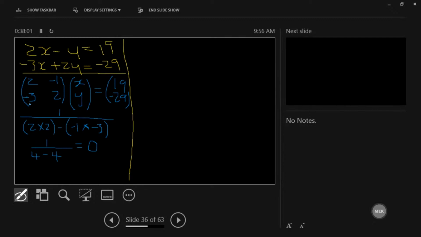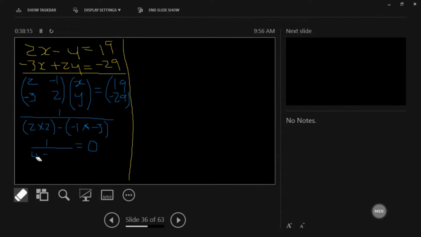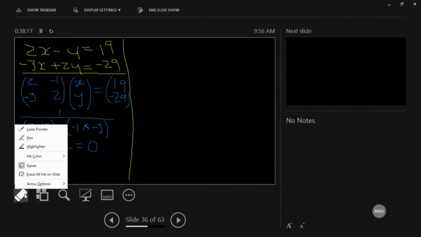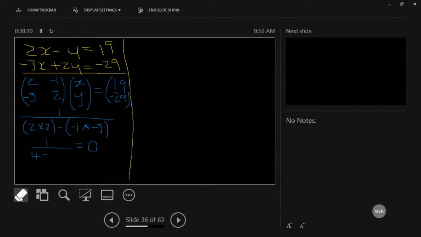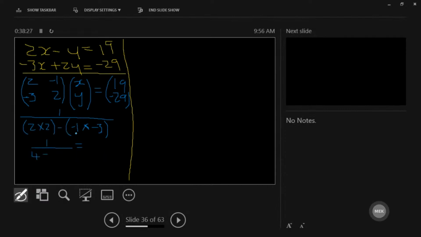So 2 2s, 4, and negative 1 times negative 3. I went wrong. Negative 1 times negative 3, so that would be 3. So it's 1 over 1, which is 1.